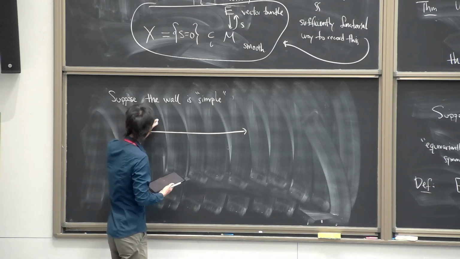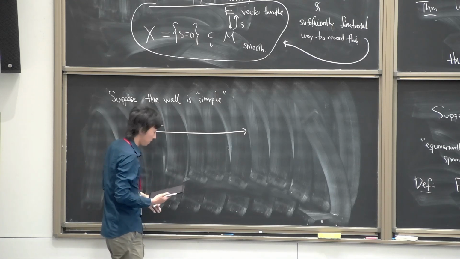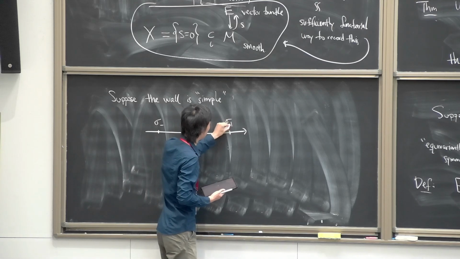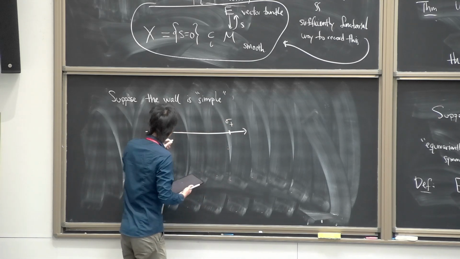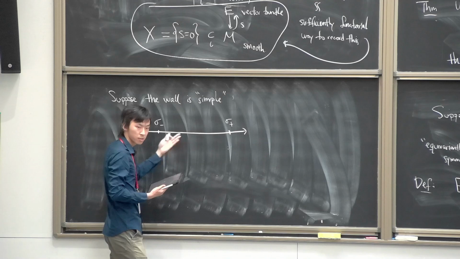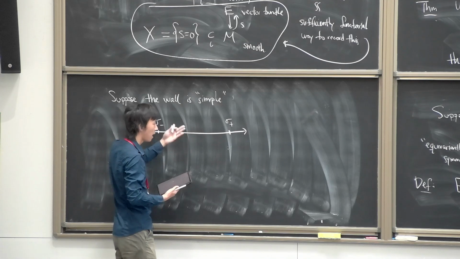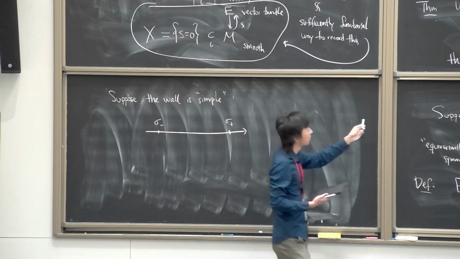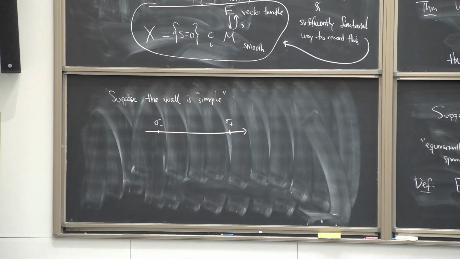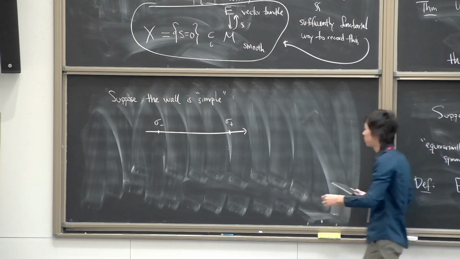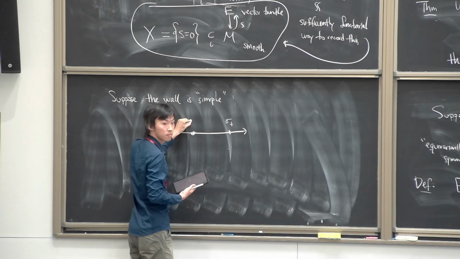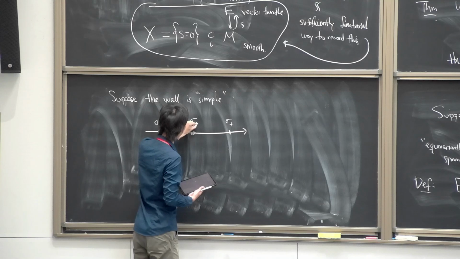Over here you have some stability condition called sigma minus, and over here you have some stability condition called sigma plus. The only point in this one parameter family where you have strictly semi-stable objects, where the inclusion is really some strict inclusion, is some point in the middle, which I'll call sigma 0.